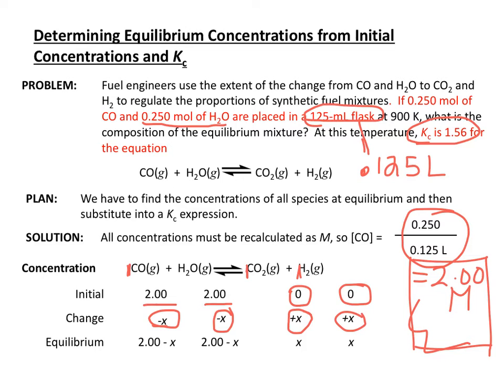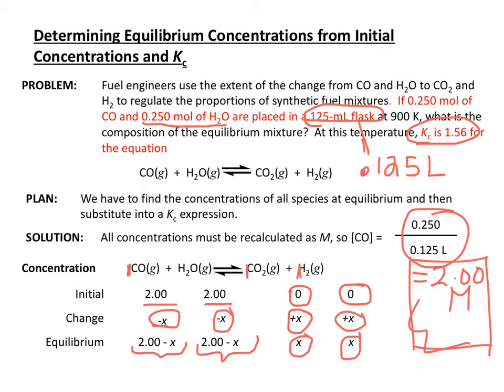At equilibrium then we have 0.200 minus x for carbon monoxide, 0.200 minus x for water, x for CO2 and x for H2. Those are the equilibrium concentrations that we have at this point, and they gave us a value for Kc.